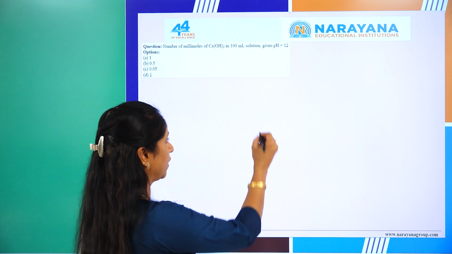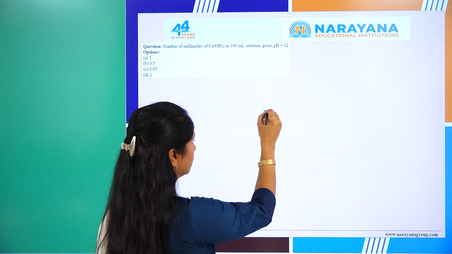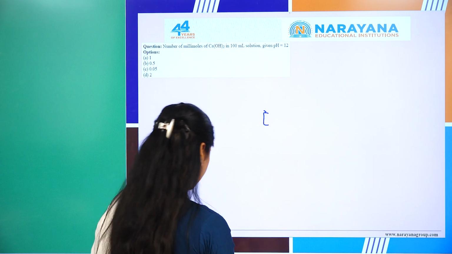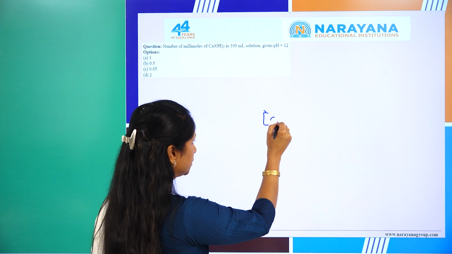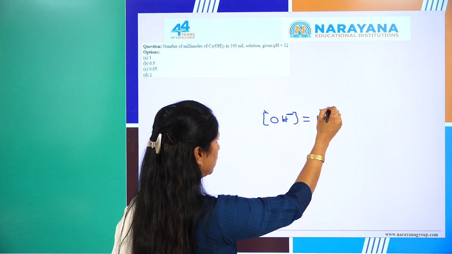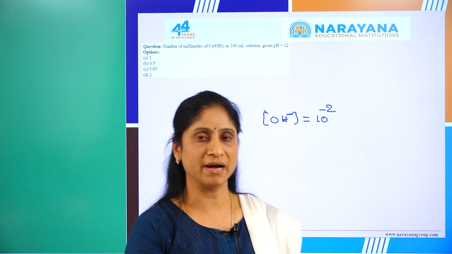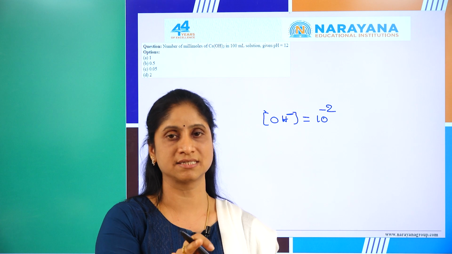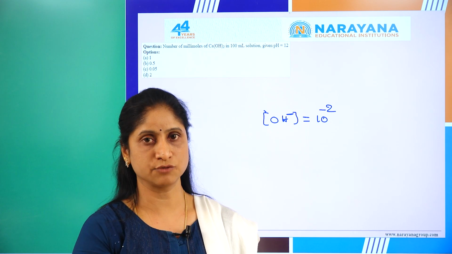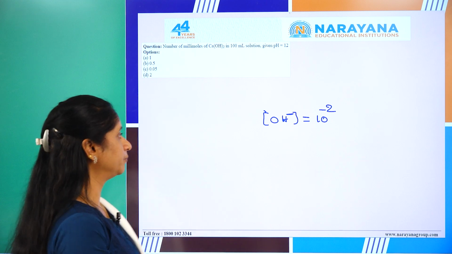So pH equal to 12 means obviously the concentration of H plus is 10 power minus 12. So the concentration of OH minus will be 10 power minus 2, because the product of the concentration of H plus and OH minus at 25 degrees Celsius is 10 power minus 14, which we consider as the ionic product of water, Kw.